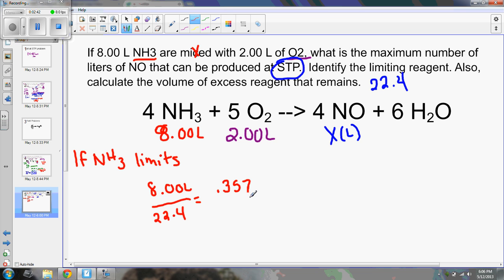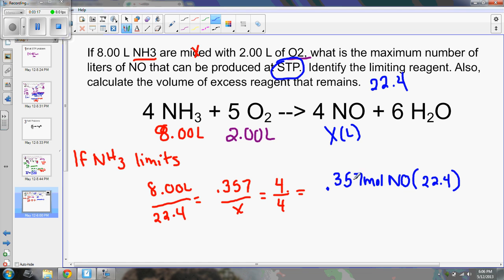And I can make my chart right here. 0.357 is with NH3, and there's 4 of them, is equal to X, and there happens to be 4 of NO. So I can take 0.357 times 4 divided by 4 to get 0.357 mole NO. Going back to liters, I'm going to multiply by 22.4, and 8.00 liters of NH3 is going to make 8.00 liters of NO. So I have one answer.